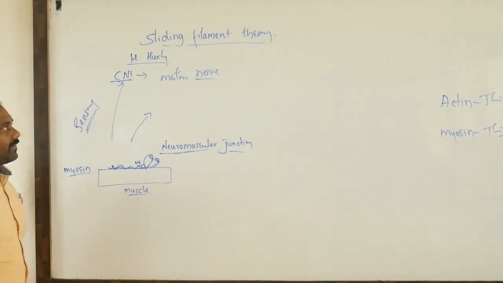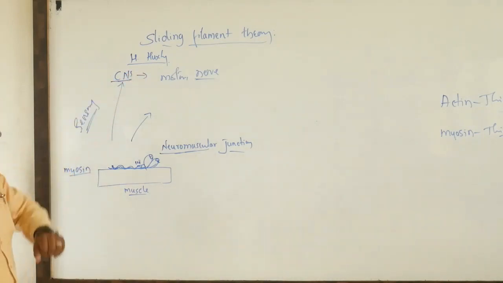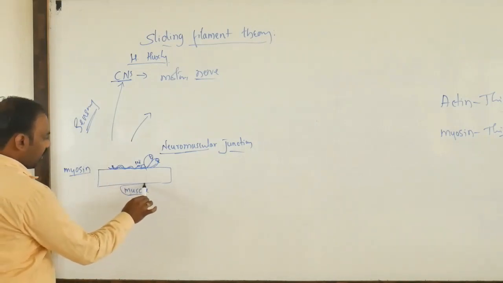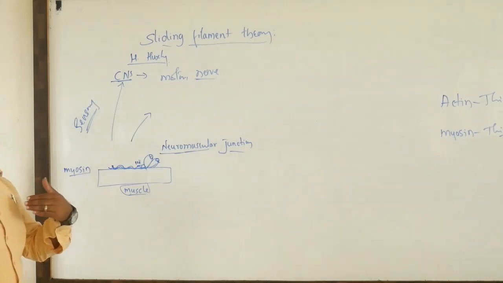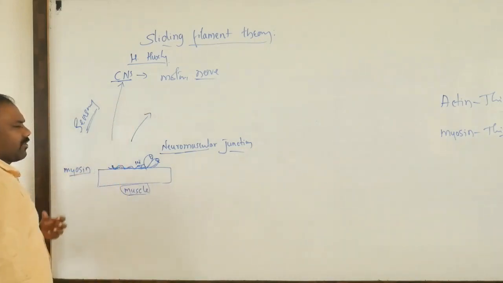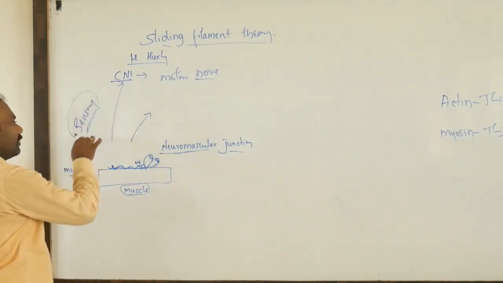Here, during the sliding filament theory, according to H. Oxley, first of all the muscle sends a stimulus from the particular muscle to the brain, that is the central nervous system, in the form of a sensory neuron.